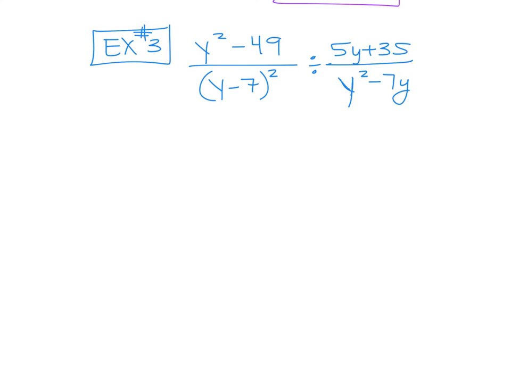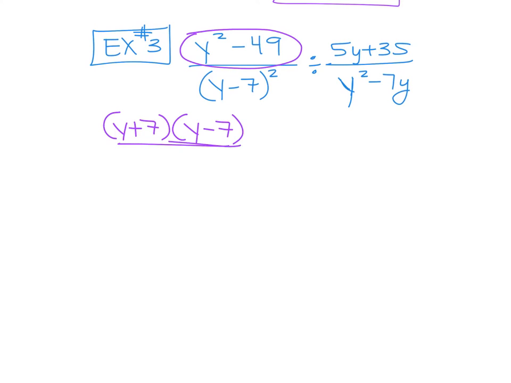So what is this going to become? Y plus 7 times y minus 7, right? That's difference of squares. This I would just rewrite as y minus 7 times y minus 7, right? That's y minus 7 squared.